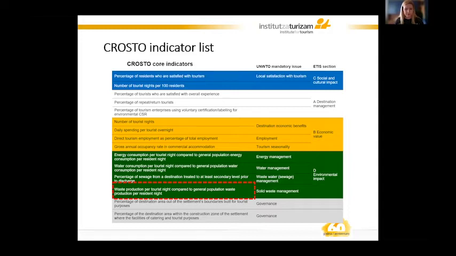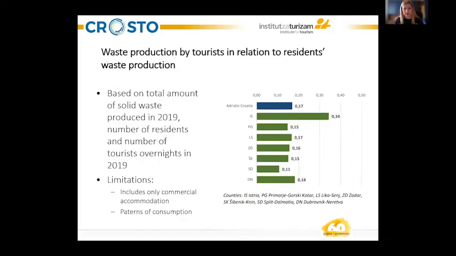In environmental impacts, you can see we have picked out 5 of the indicators, while one of them is impacting on waste production, and we are trying to follow it not on the INSTO level, but also on the county level.